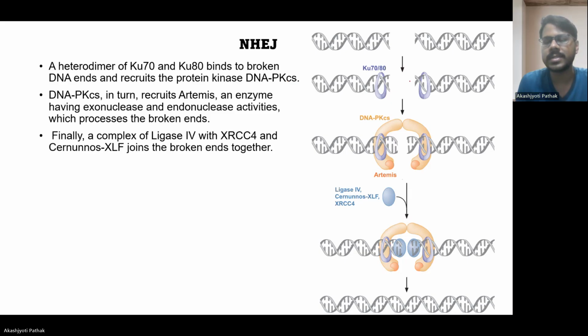Once this binds to the double-stranded DNA break, it recruits another protein kinase, which is DNA-PKcs. And this DNA-PKcs in turn recruits another protein, Artemis. Artemis is an enzyme having exonuclease and endonuclease activity, which processes the broken ends.